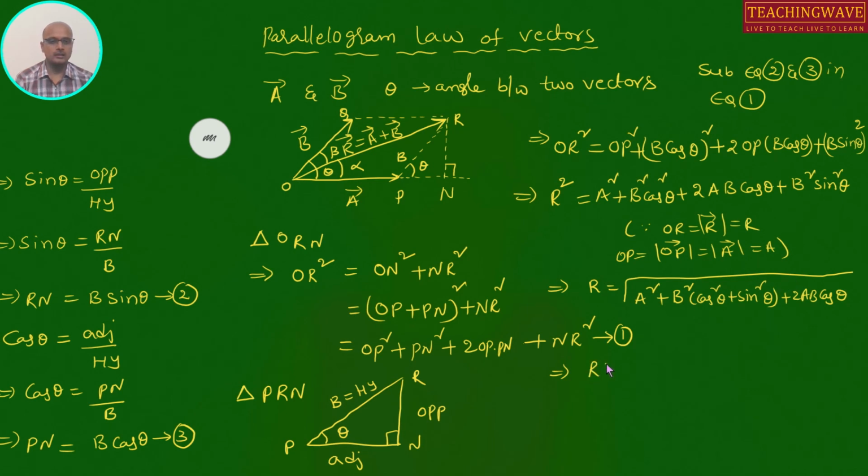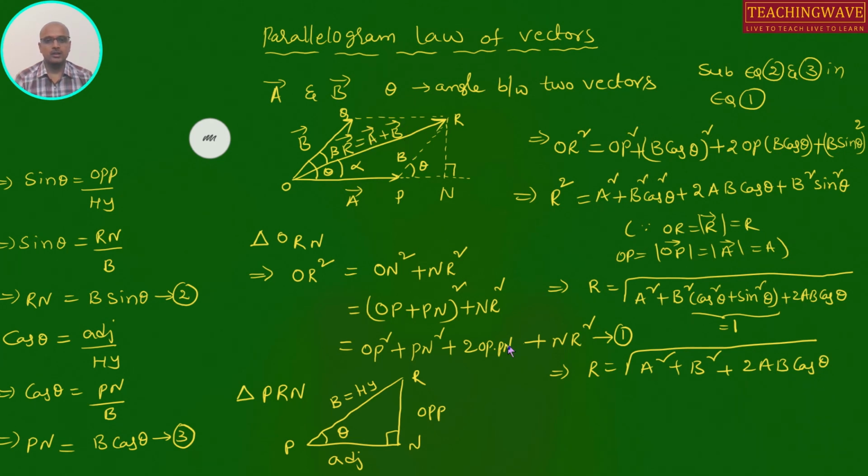Therefore, R is equivalent to root of A square plus B square plus 2AB cos theta. This gives the resultant vector magnitude, that means the modulus of A bar plus B bar.